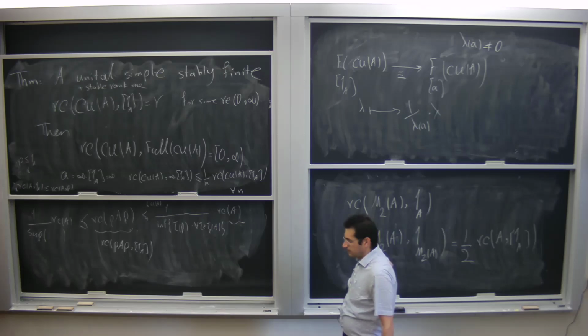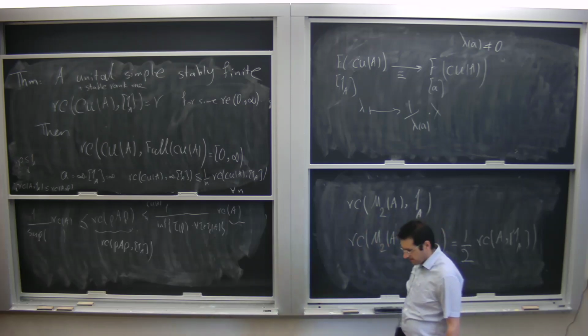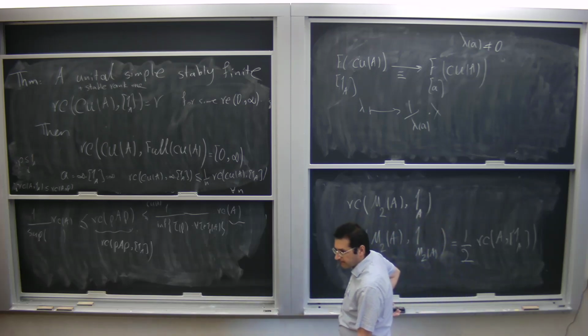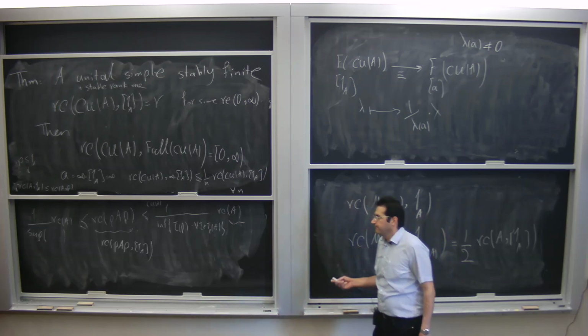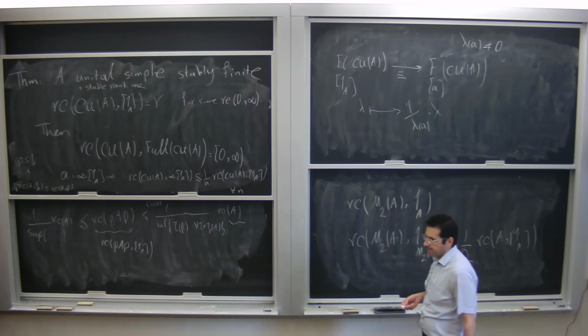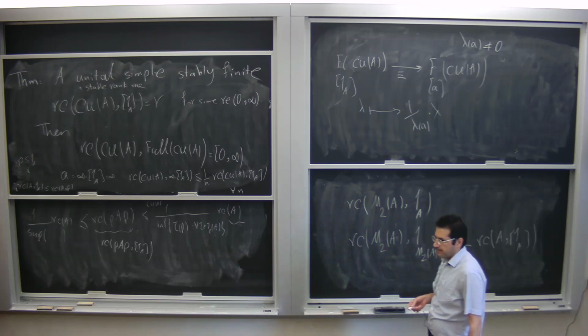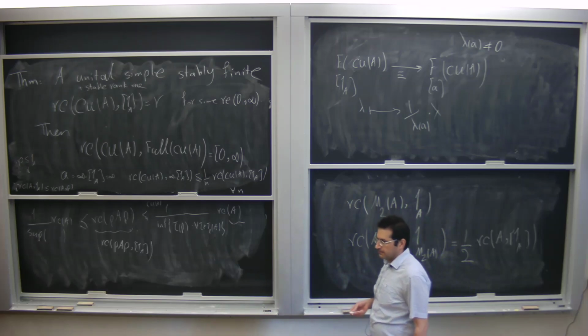So the sup will be a finite non-zero number. That means that if you look at any two projections, the different RCs will differ by a finite non-zero factor. I think that's what Fuller is wondering, whether that's true.